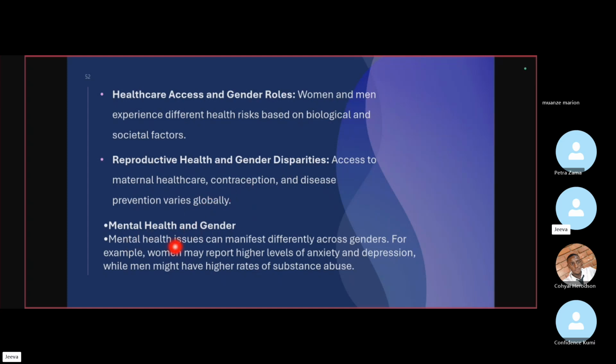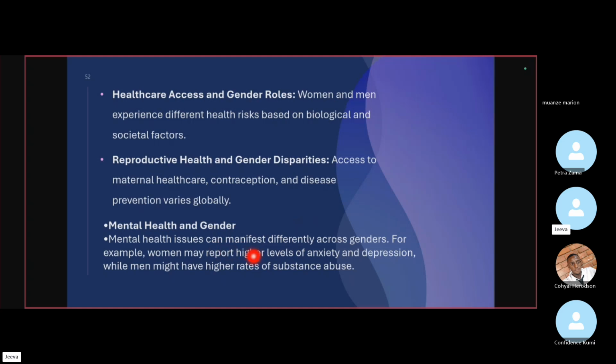So, mental health and gender. Mental health issues can manifest differently across the genders. For example, women may report higher levels of anxiety and depression, whereas men might have a higher rate of substance abuse. That is how gender inequality can also occur in healthcare.